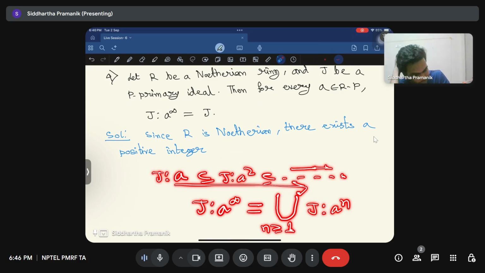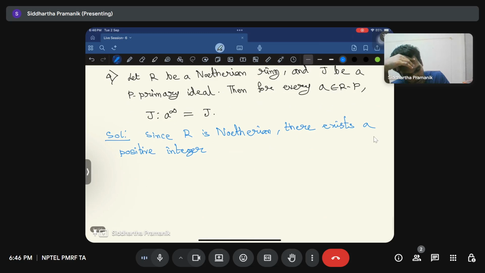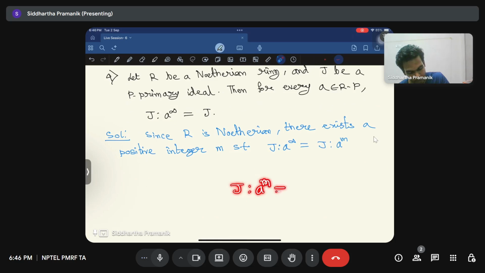So let's take that stage to be m. So there exists a positive integer m such that the saturation of J with respect to a is the same as J colon a power m. So after a power m, all ideals are equal, and this is our saturation.